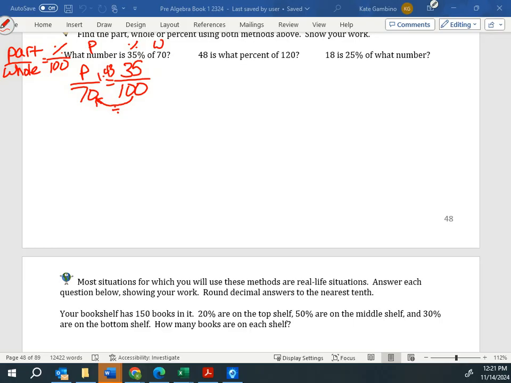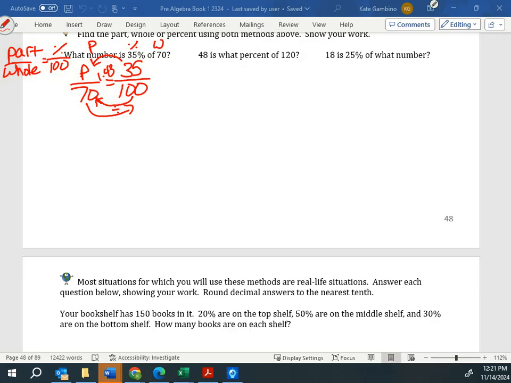Whatever we do to the bottom, we do to the top. So if 100 divided by 70 got me 1.43, how did I go from 70 up to 100? I multiplied by 1.43, but I don't know what my part is. So I'm going to do what? Divide or multiply? Hadley?